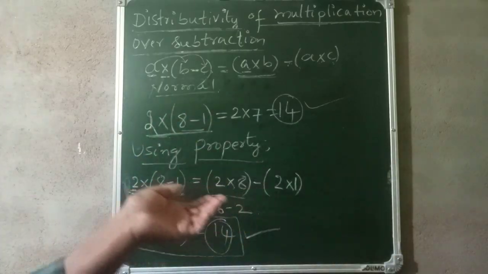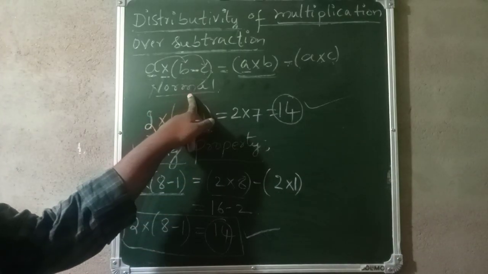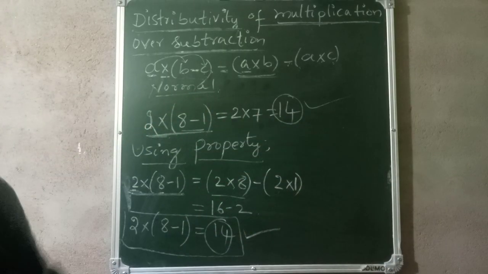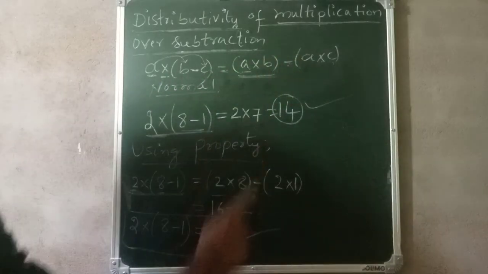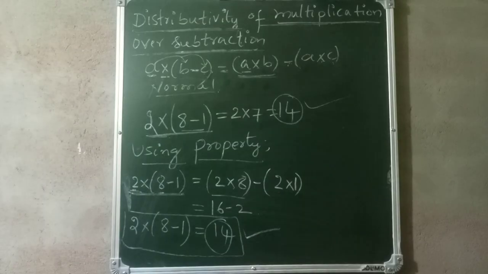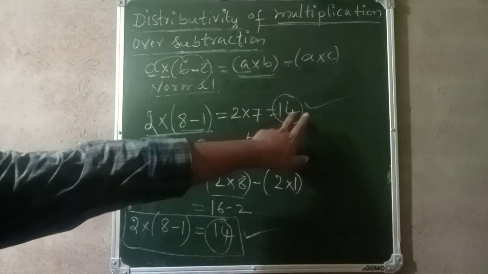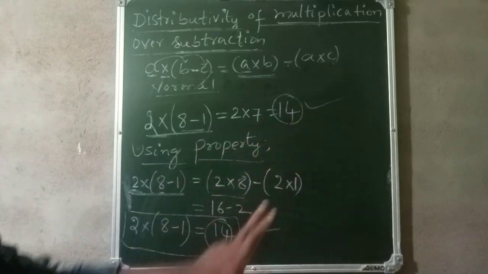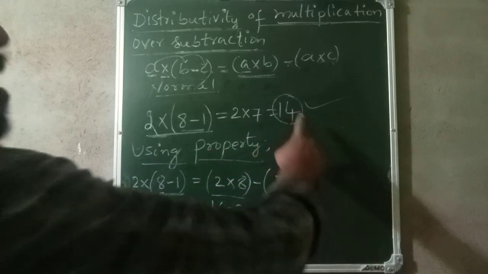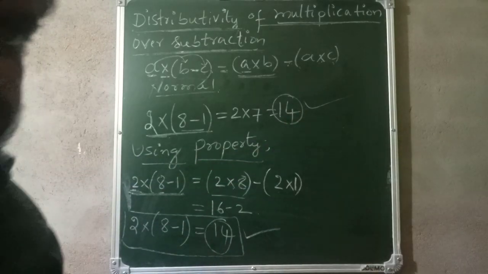You can see, using normal multiplication we got 14 as the answer. So using this property, we got 14 as the answer. So you can see this answer is the same. Both the answers are 14, 14. So this answer is matching with this answer.